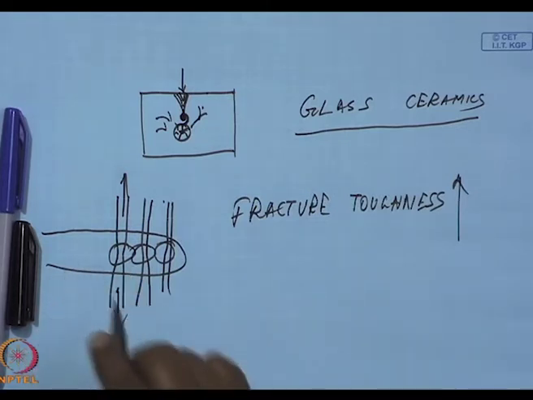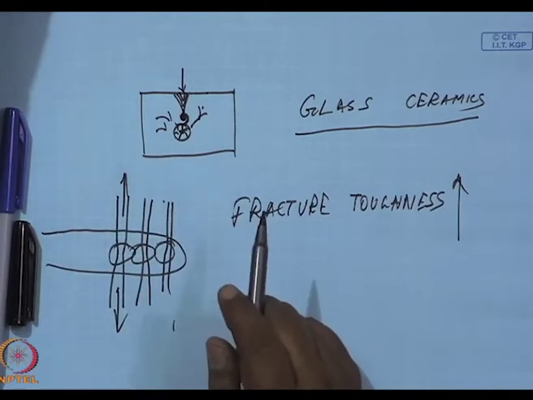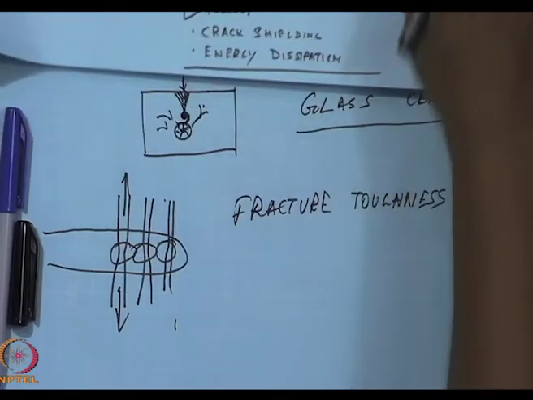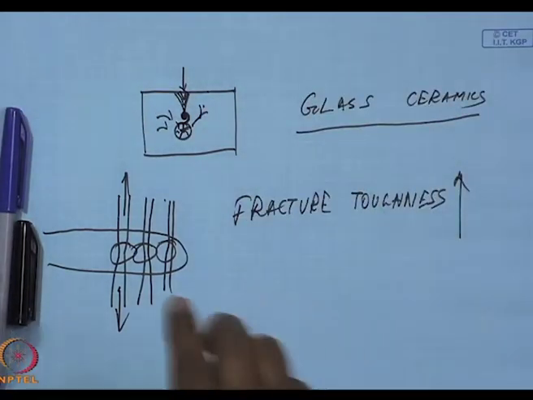Now, as a continuation of this, I come to pull out. Pull out means in these matrices, if the crack has to proceed, the fibers have to be pulled out of the matrix.